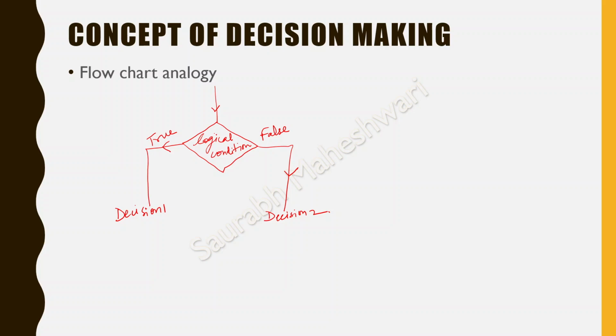Depending upon this logical condition, the answer can be true or false. If the answer is true, we choose decision 1, and if the answer is false, we choose decision 2.